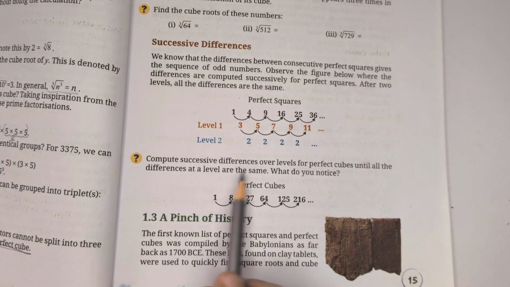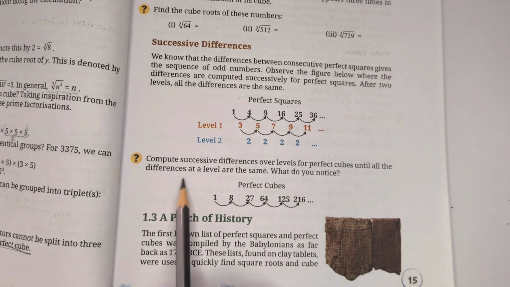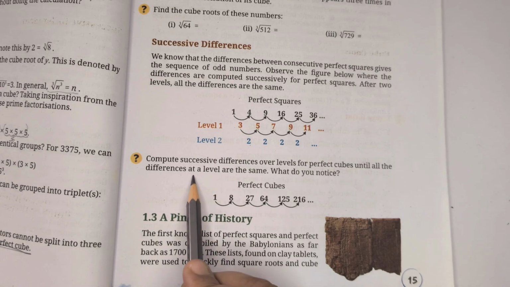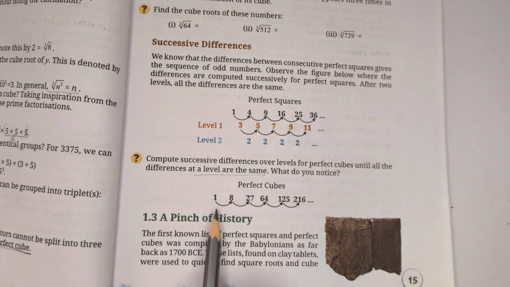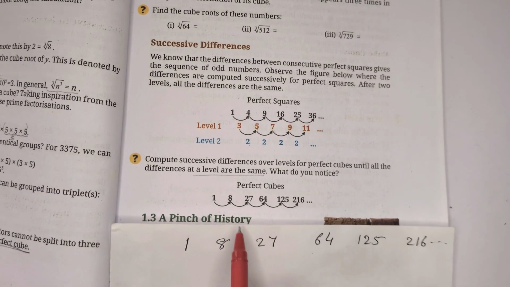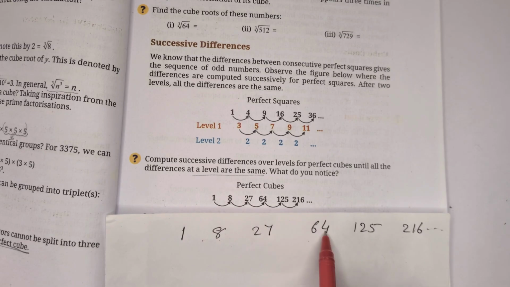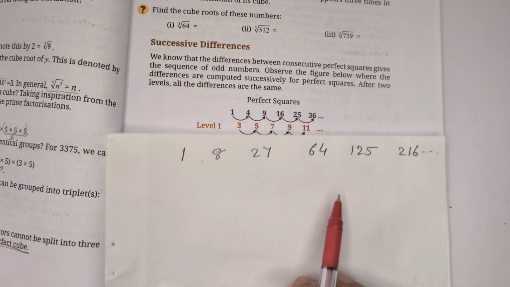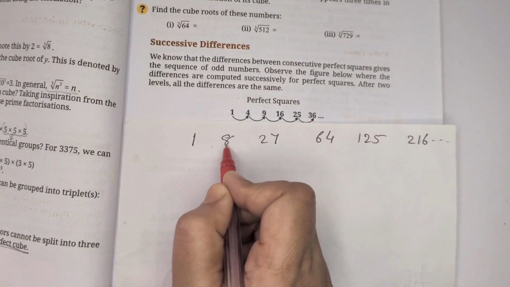Now compute successive differences over levels for perfect cubes until all the differences at a level are the same. After some levels we will get them the same. So first we can do the difference of these numbers, just there is not enough place to do different levels. So we can rewrite that here: 1, 8, 27, 64, 125, 216, etc. First we have to subtract the first number from the second.